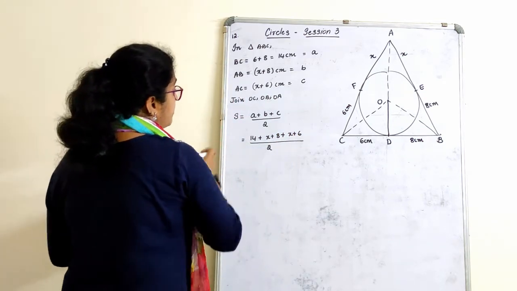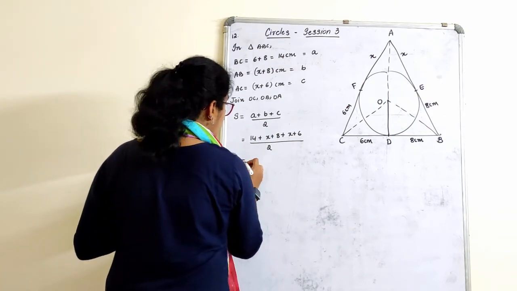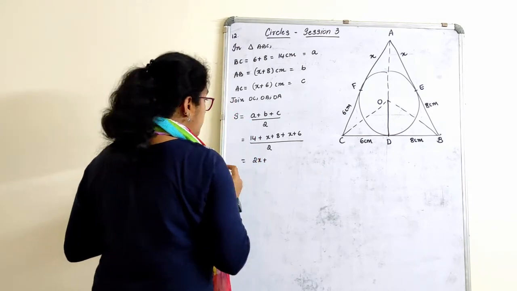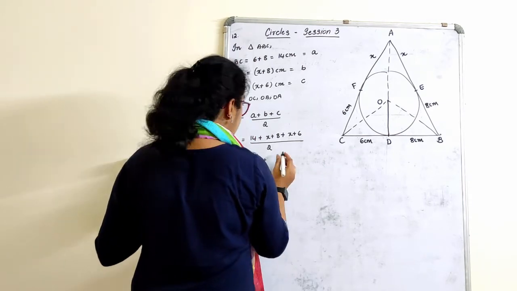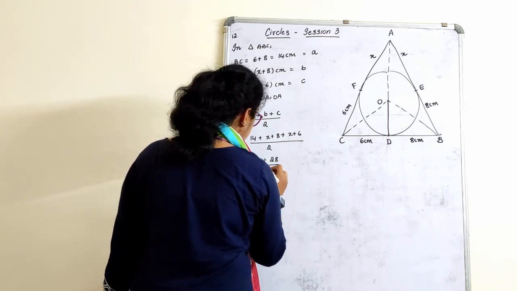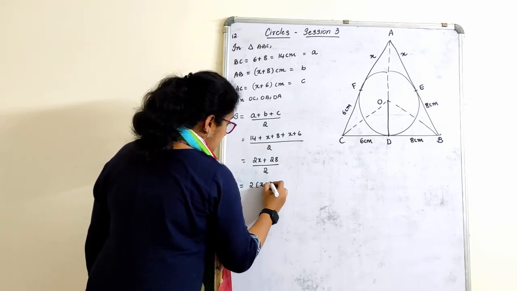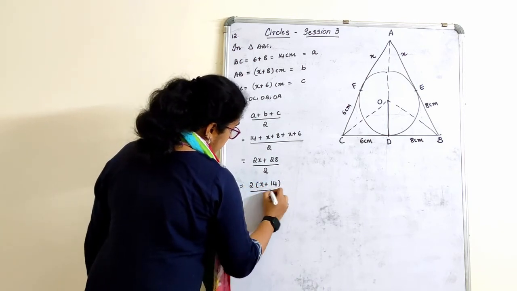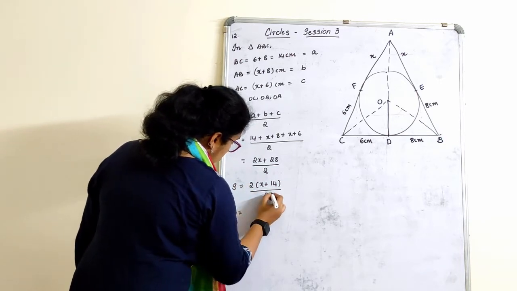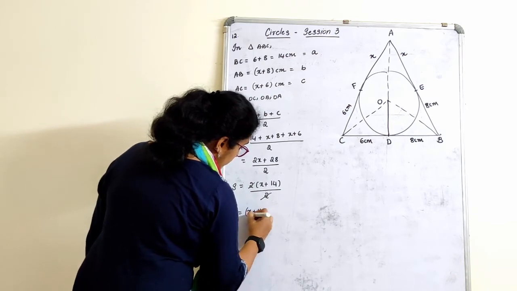What all we had taken as parameters, the same thing we added. x and x, 2x. So 14 plus 6 plus 8 will give you 20 plus 8, 28, divided by 2. I think you can take 2 common. 2 times x plus 14 divided by 2. S is equal to, 2 and 2 will get cancelled, x plus 14 centimeter.